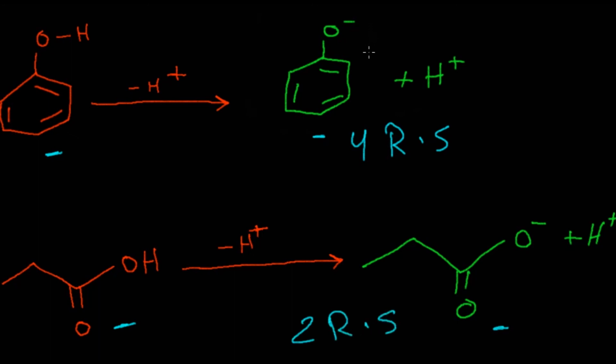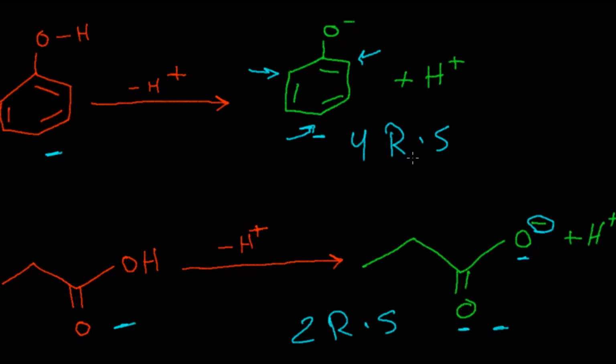And the negative charge on this phenolate ion is distributed over this oxygen and the carbon right here, and this carbon and the carbon right here. But the negative charge here on this conjugate base of the corresponding carboxylic acid is distributed over this oxygen and that oxygen.